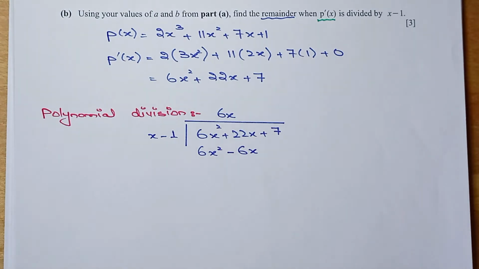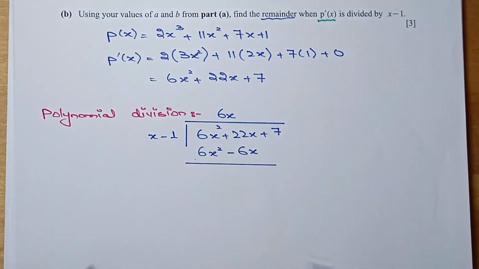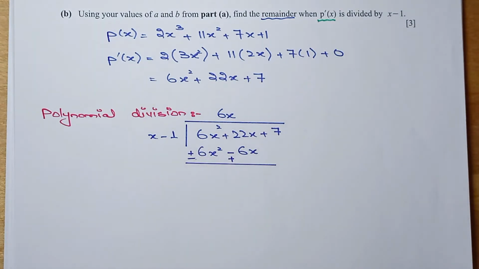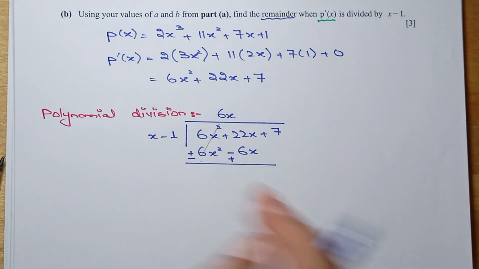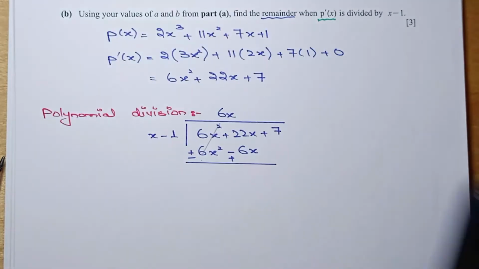Right. And then we need to subtract, changing the signs. Positive changes to negative and negative changes to positive, and we can see the 6x squared is cancelled. 22 plus 6 is 28.